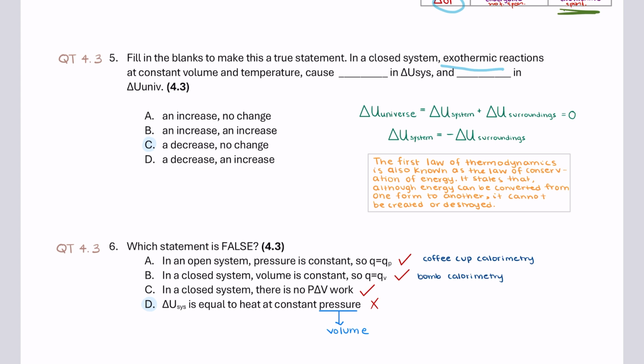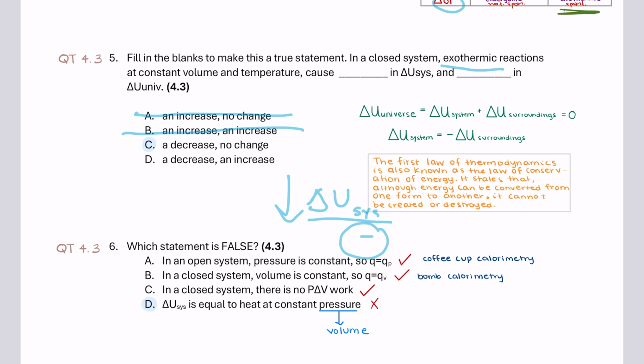And because energy is leaving the system, the system's internal energy is going to be going down. So the change in internal energy of the system, or delta U of the system, is negative. That means there's a decrease in delta U of the system. That immediately helps us eliminate any answer choices that say that the system's energy is increasing. So we can cancel out A and B.